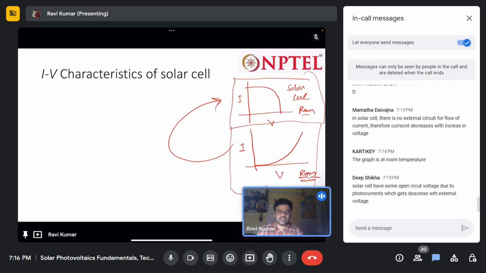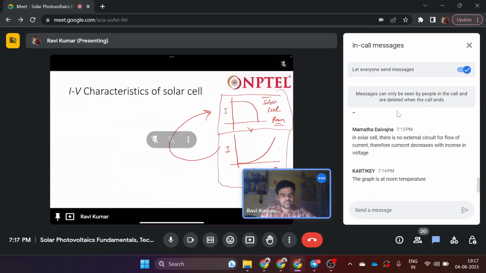You are saying external voltage. Then why would we use a solar cell if we are applying an external voltage? The IV curve given here for solar cell is from an independent solar cell without an external voltage. Anyone want to try? You can just build on this.